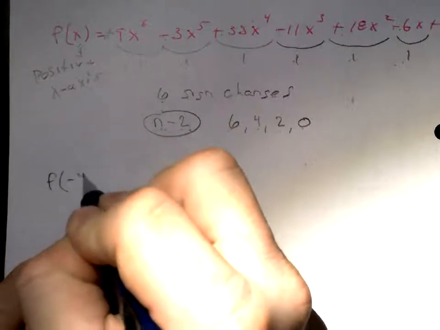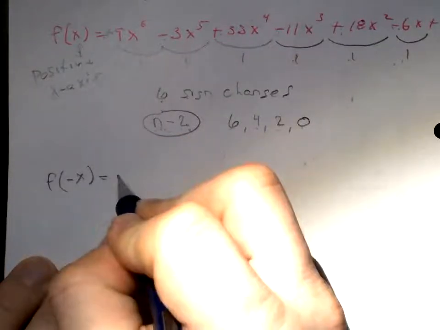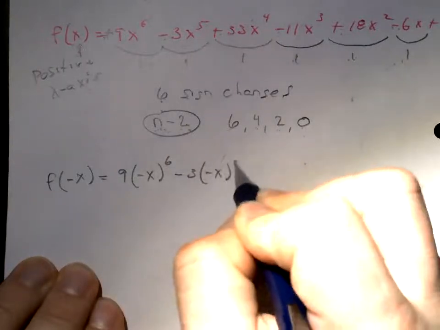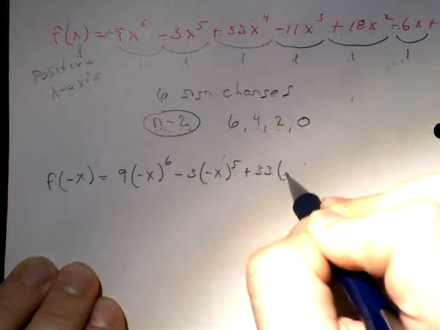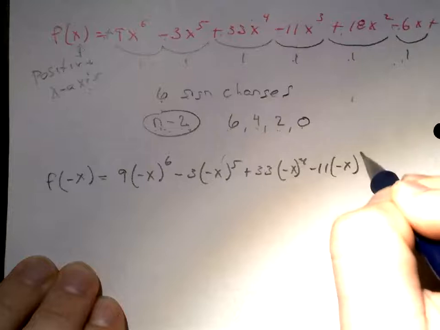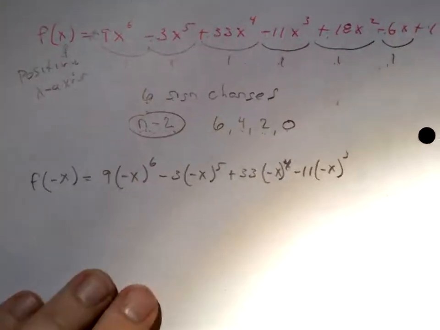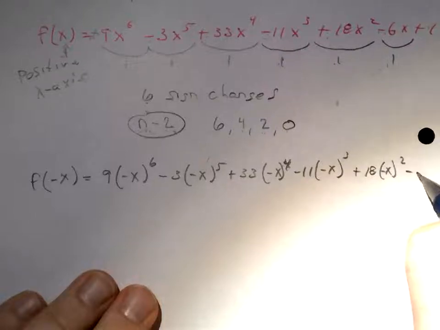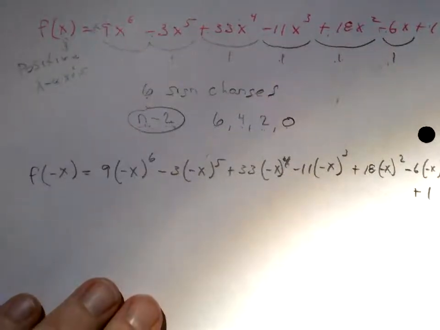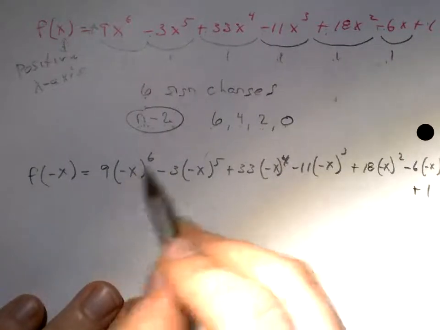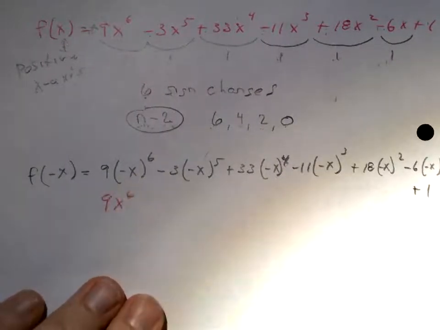So if we take this and put a negative in it, we get negative x to the 6th power, negative x to the 5th power, 33 negative x to the 4th power, minus negative x to the 3rd power. Hopefully I have room to write all this. 18x squared minus 6 negative x plus 1. Count how many sign changes we have. Well, we know that this is even, so that's going to just be 9x squared.